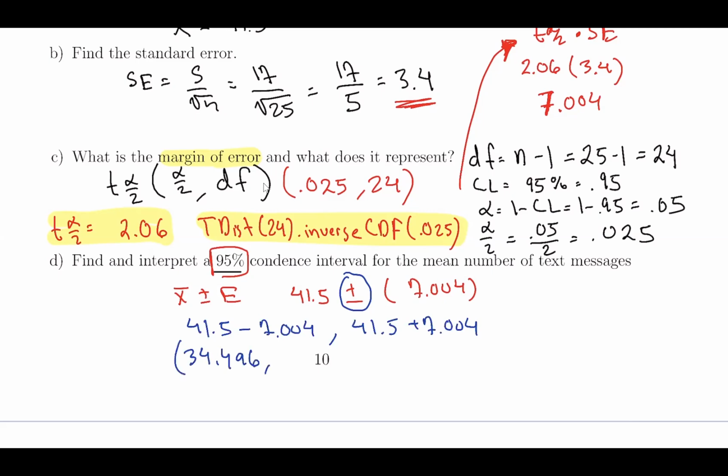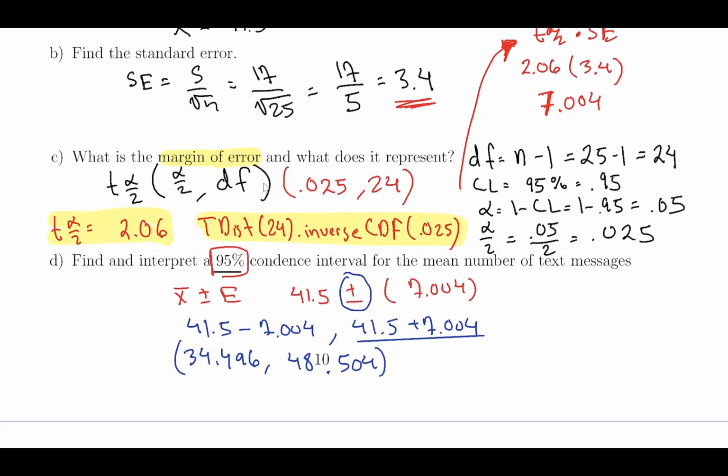Then I'm going to do 41.5 plus 7.004, and you get 48.504. All right, and that's your confidence interval for this problem. Any question in regard to the confidence interval?